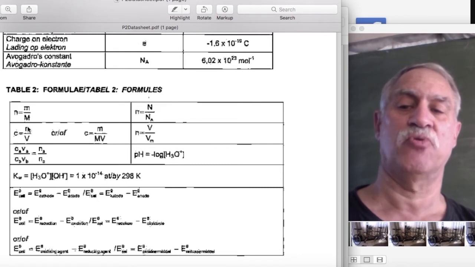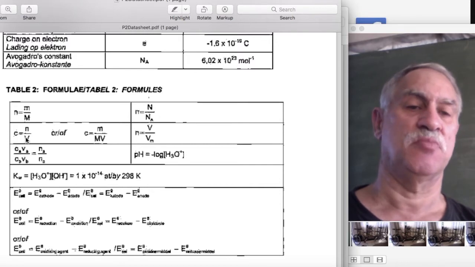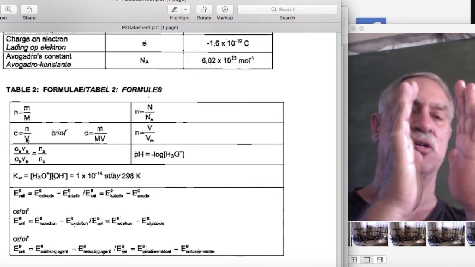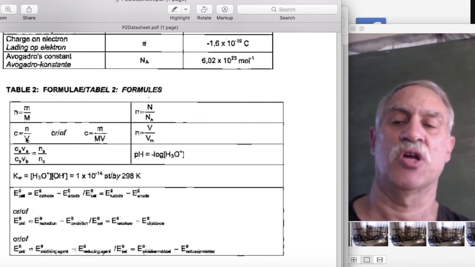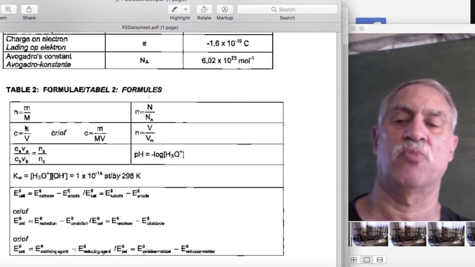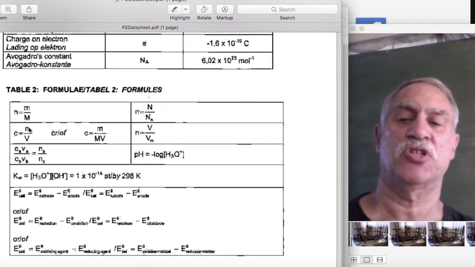That is the number of moles in a volume. And volume is normally measured in decimeters cubed. That's about a liter, what we commonly know as a liter, like a liter of milk. So if we now know the number of moles, we divide it by the volume, we get the concentration. Think of it in terms of a cup of tea. You have 1 teaspoon of sugar in 1 cup of tea.